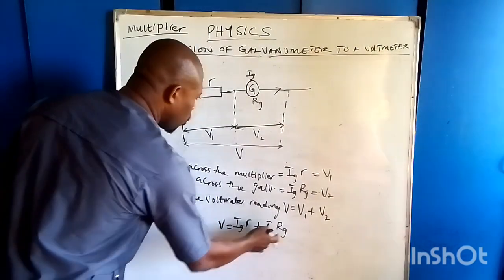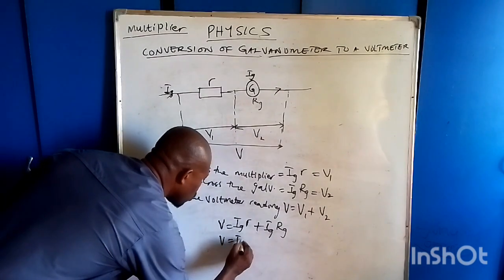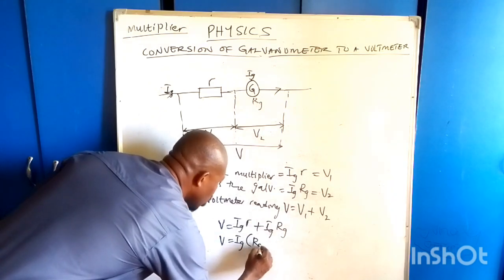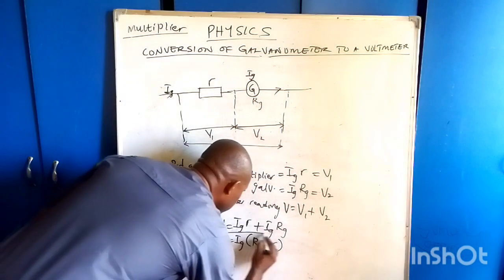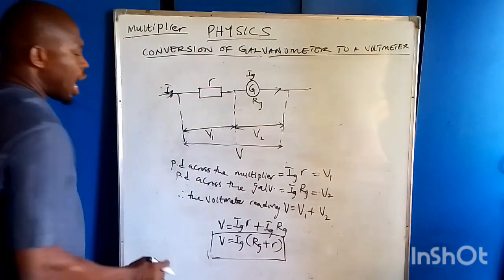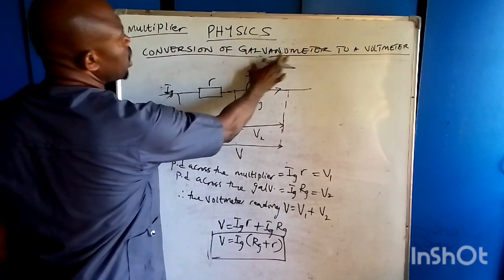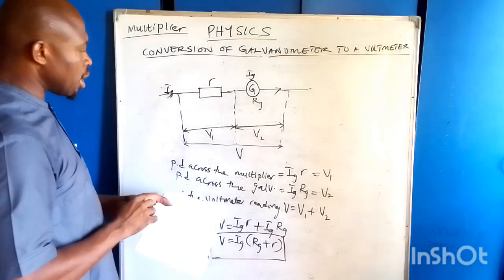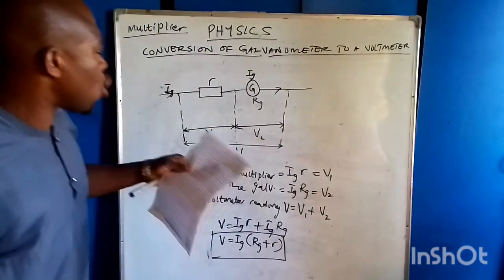I is common. If you bring that I, which is common, we now have V is equal to Ig into (Rg plus r). So this is our formula. This is the expression for solving any problem based on conversion of a galvanometer to a voltmeter. This formula is valid. So let us take one or two calculations before we conclude.